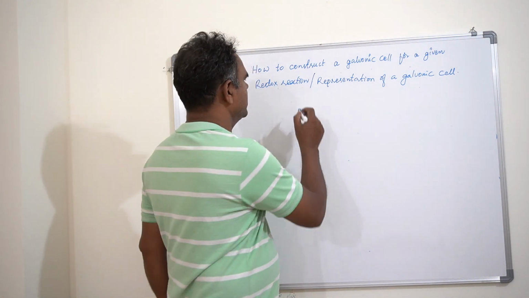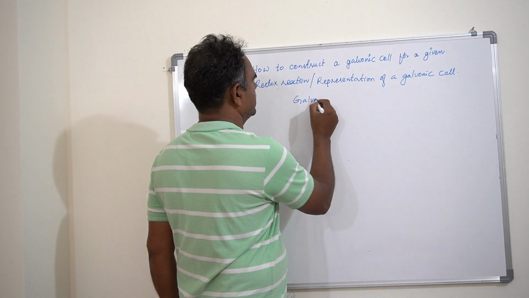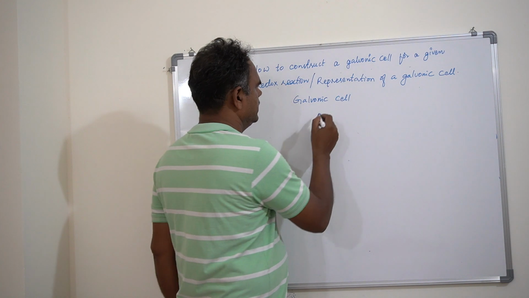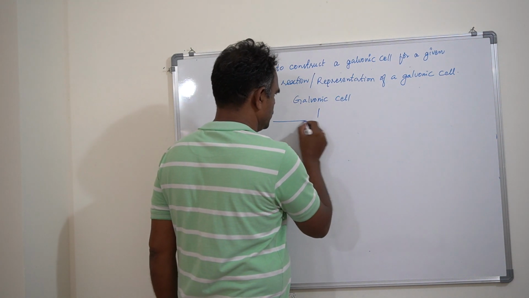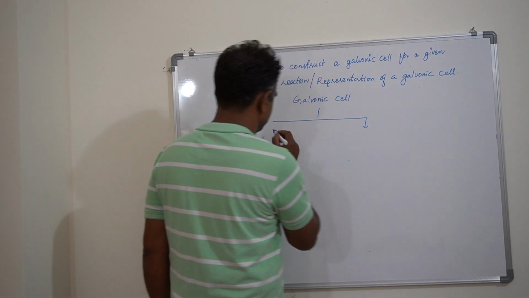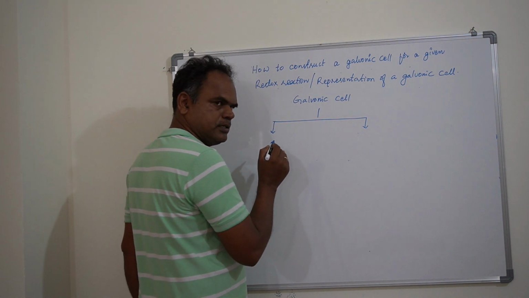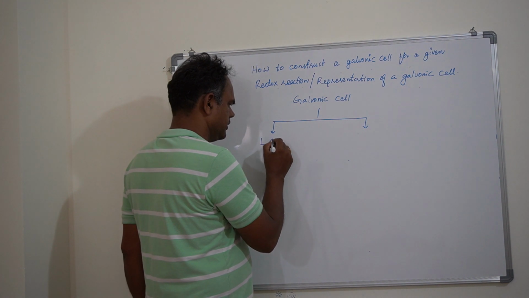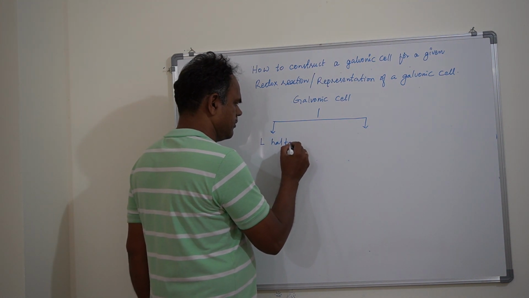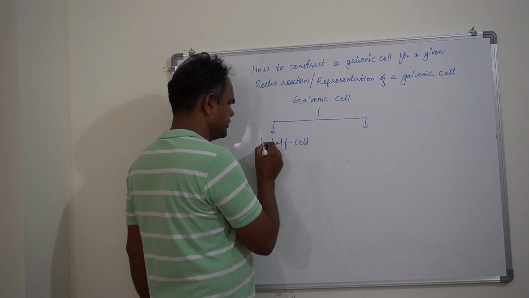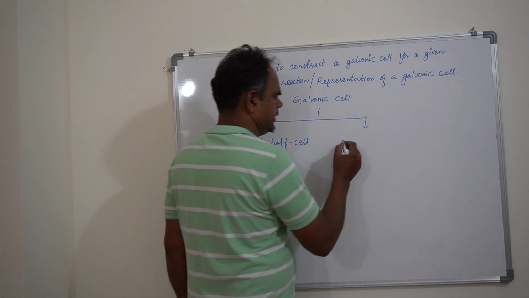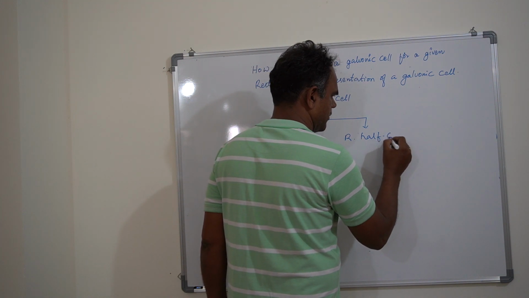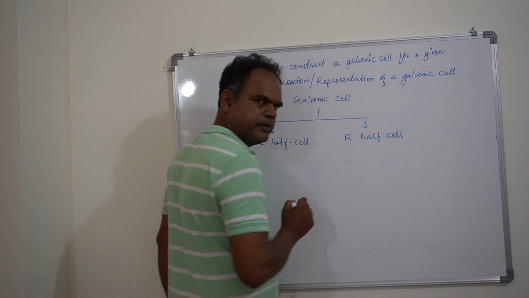As you know, a galvanic cell is made with two half cells which work independently. So there is a left half cell and there is a right half cell.